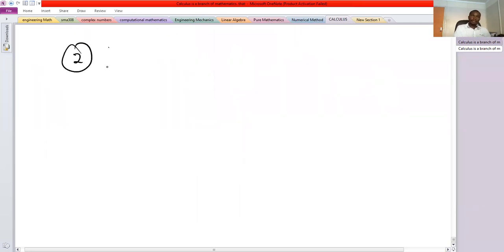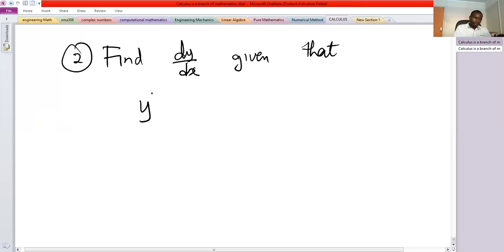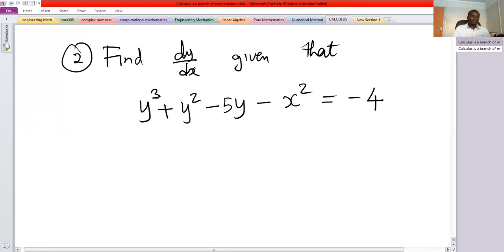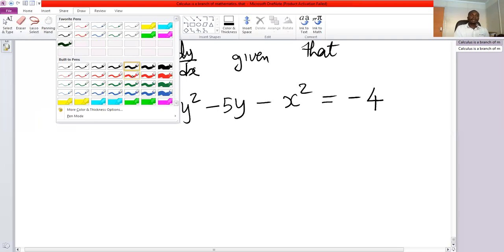Problem 2, find dy dx given that y cubed plus y squared minus 5y minus x squared equals minus 4. So here you just apply d dx on every term as the first step.